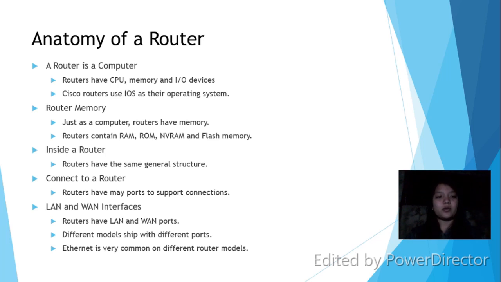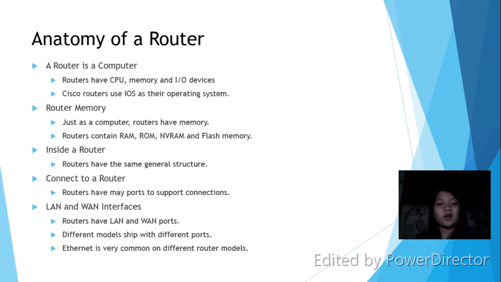The router memory. Just as with a computer, routers have memory. Routers contain RAM, ROM, NVRAM, and flash memory. The inside of a router has the same general structure, then connects to a router. Routers have many ports to support connections.